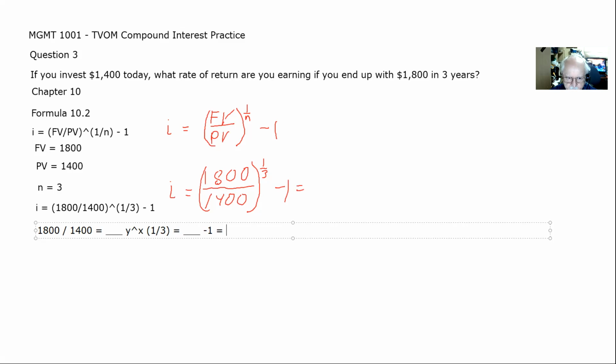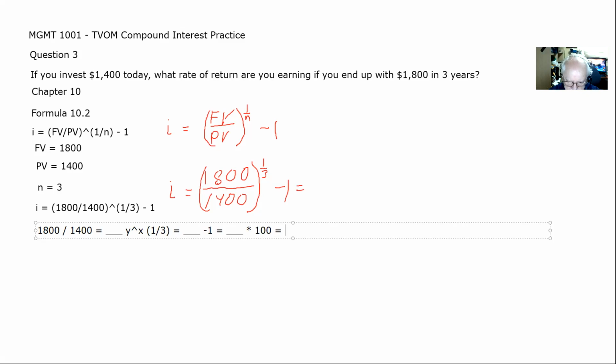And this is a rate we're looking for. So once we look at this, we're going to have to go times 100 to turn it into a percentage, because the answer we're looking for should be a percentage.